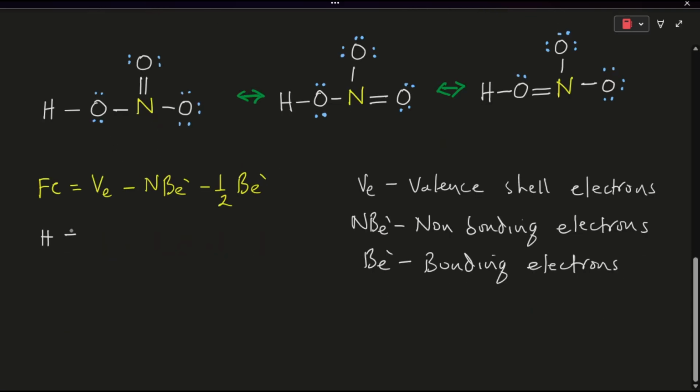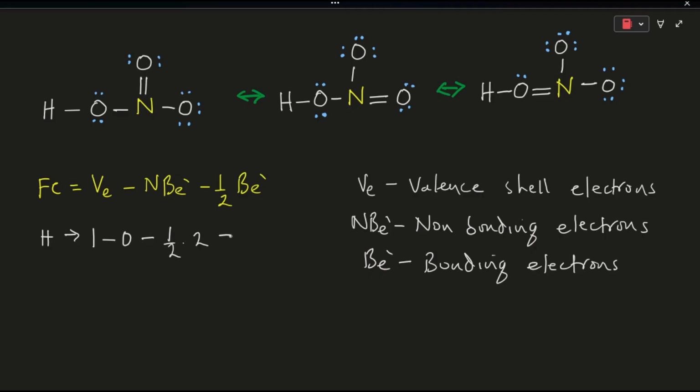Now, hydrogen has valence shell electrons of 1. And in this arrangement, hydrogen does not have non-bonding electrons. It has only one valence shell electron and it is involved in the bonding. So the non-bonding electrons for hydrogen is 0. And the number of bonding electrons is 2. So we're going to have half of 2.